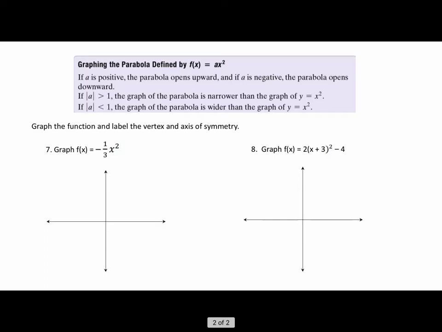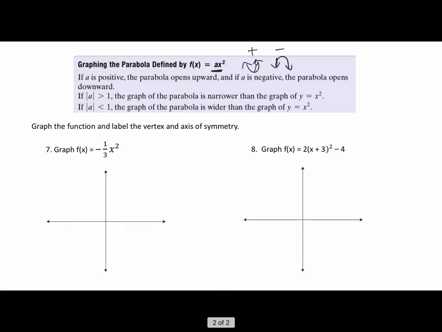Let's graph some parabolas that are defined by f of x equals a times x squared. So stretches or shrinks depending on what we have. If a is positive, then the parabola opens up, of course. If a is negative, the parabola opens down. That does not affect the shape. It just affects whether it opens up or down, if it's positive or negative.